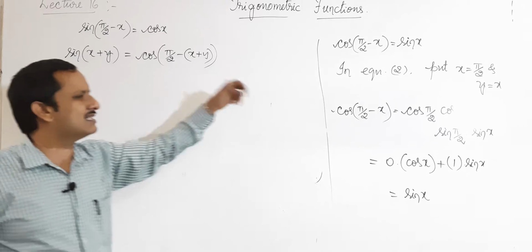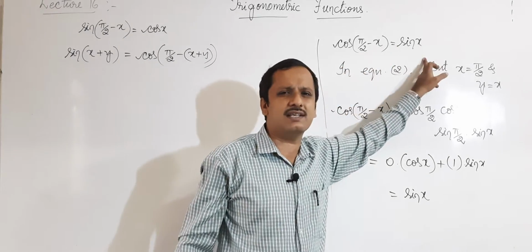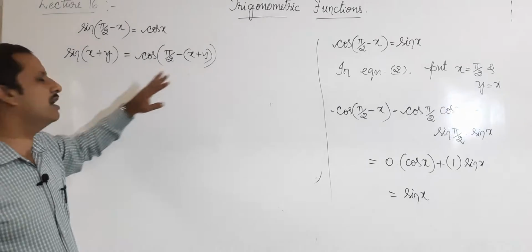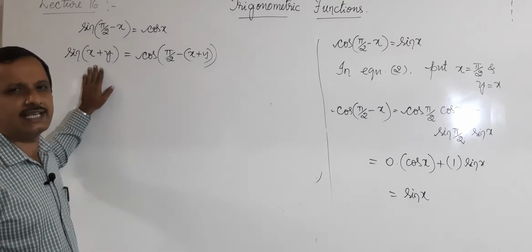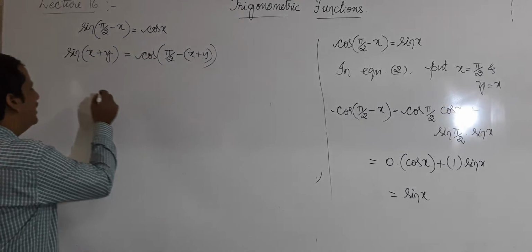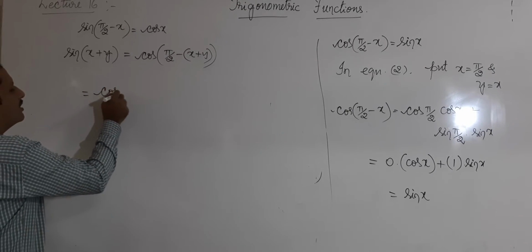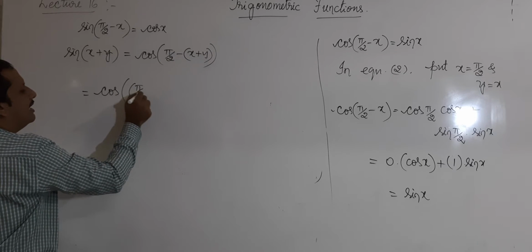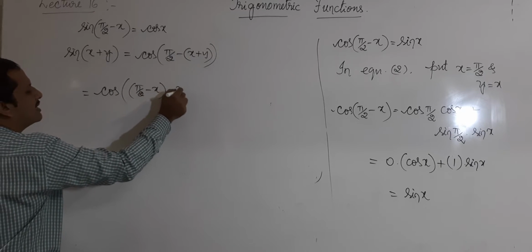Cos pi by 2 minus x is equal to sin x. So cos pi by 2 minus of x plus y is equal to sin x plus y. Right? So then further, pi by 2 minus of x plus y can be written as pi by 2 minus x minus y.